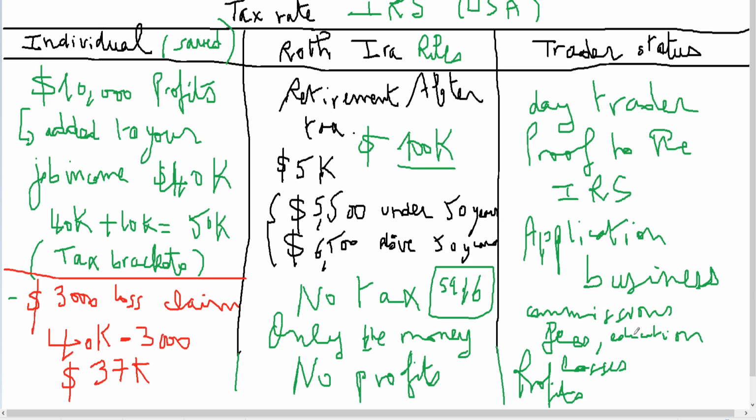And it means, in general, what does it mean? It means they give you advantages, not like an individual account. Trader status gives you the right to deduct commissions and fees and education. It's like a business.